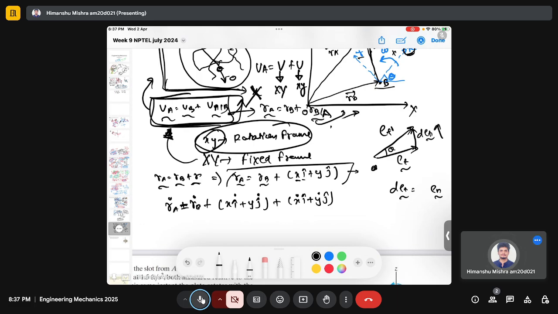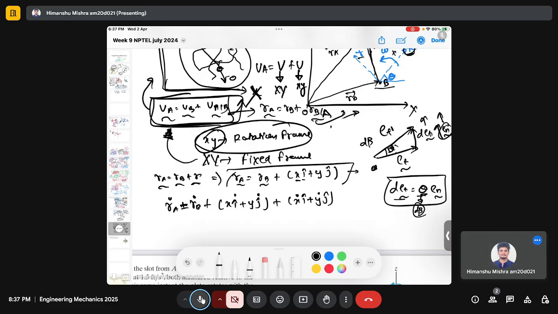So this is my normal direction, and the magnitude of this change was theta, which we represent with d beta. So my det is in the normal direction. You can see both are in the same direction, and the magnitude of change will be given by theta or d beta, whatever you define here.